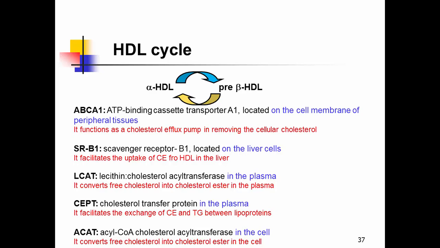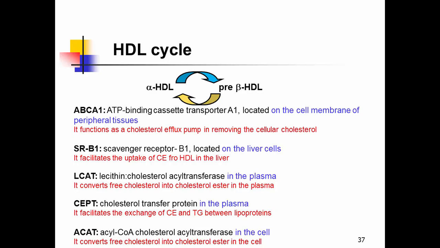What ABCA1 does is remove cellular cholesterol from the peripheral tissue and load this free cholesterol onto the pre-beta HDL.